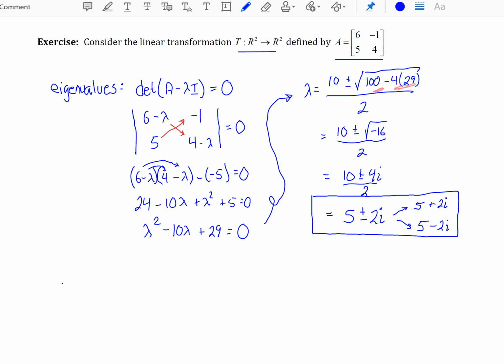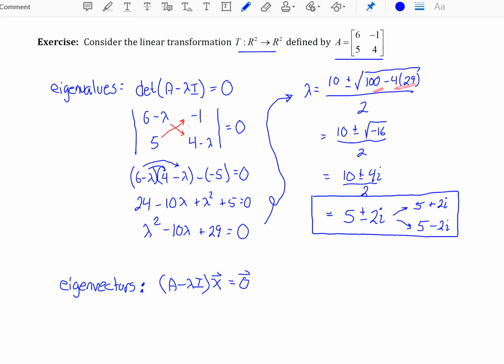Now let's go and look for our eigenvectors. To find our eigenvectors, we look at the equation A minus lambda I times some vector x is the 0 vector.